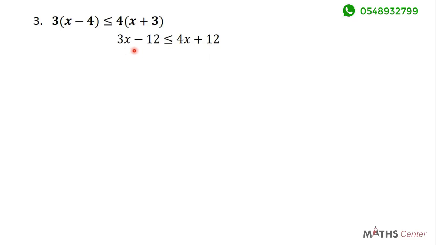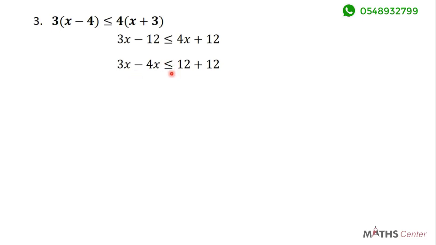From here, it becomes type 2 of linear inequalities. So you group like terms and you simplify. I'll keep 3x here, then I'll bring 4x over. I'll keep 12 here and I'll send this 12 over. So I'm going to have 3x minus 4x, since this 4x is positive. So when it crosses to this side, it becomes negative.